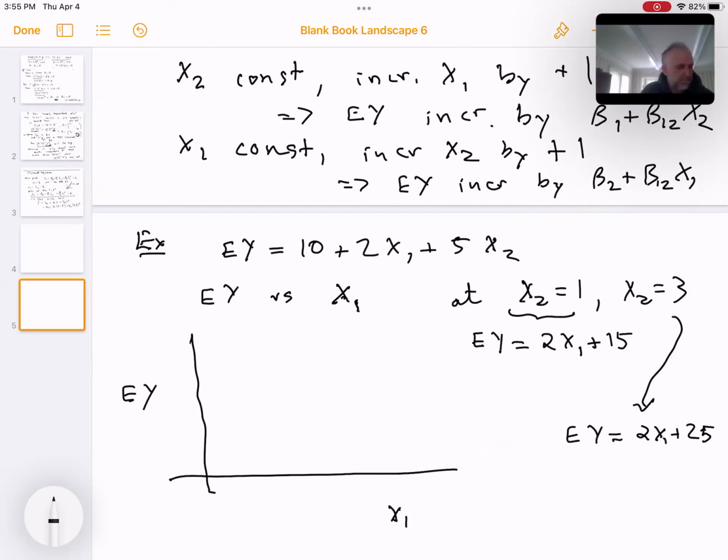So we get a slope of 2 that doesn't change, but we have a different intercept for the expected value of Y. Okay, so something like this, right? This is if x2 equals 1.